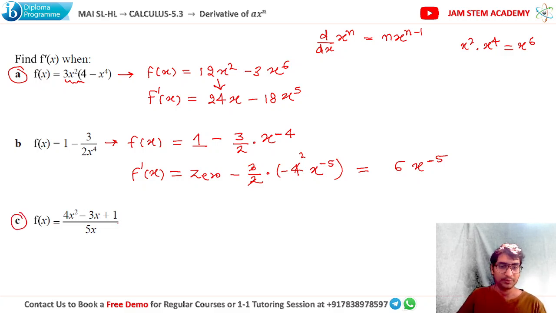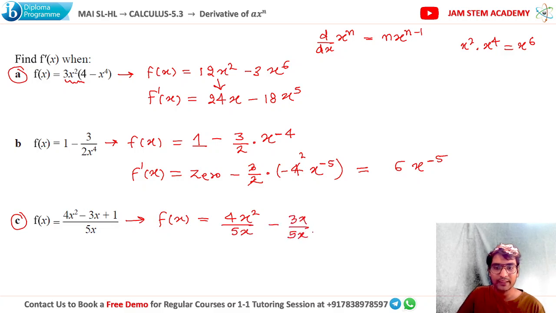Now here, let's rewrite the expression f(x) equals 4x squared over 5x. Distribute the denominator, so negative 3x over 5x plus 1 over 5x. Simplify it further.